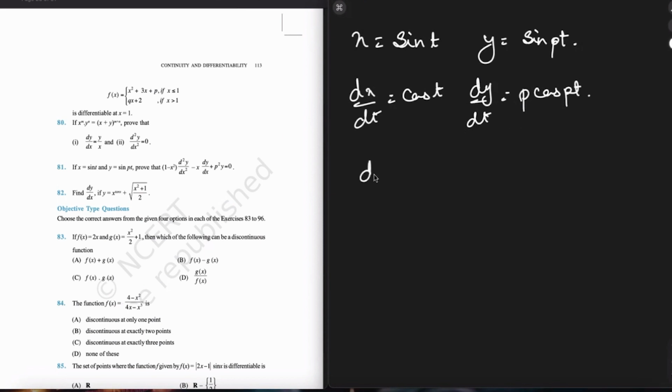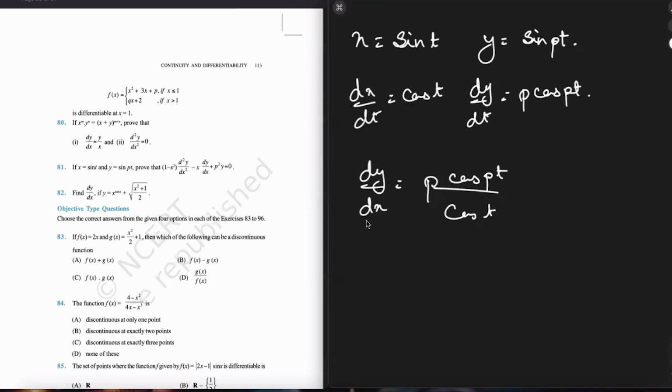So dy by dx will be p cos pt divided by cos t. So this is your dy by dx.